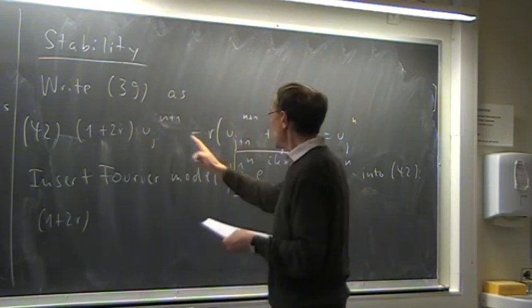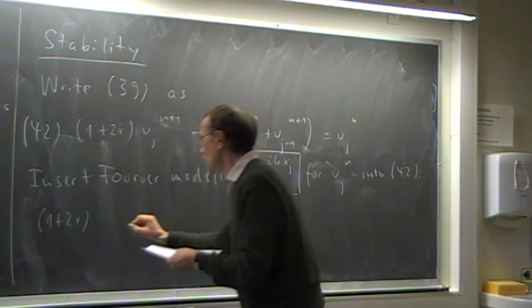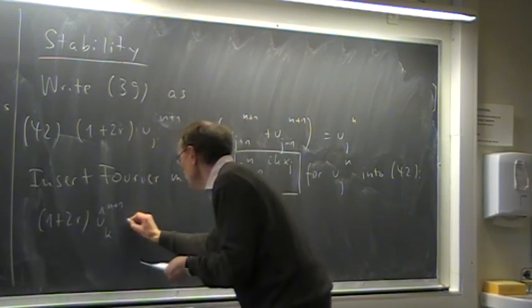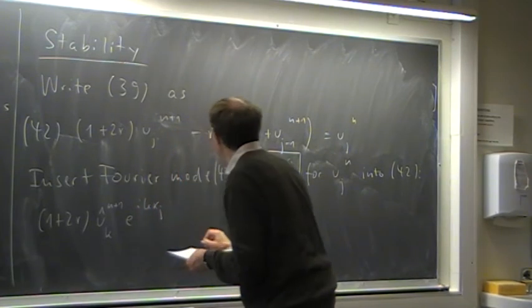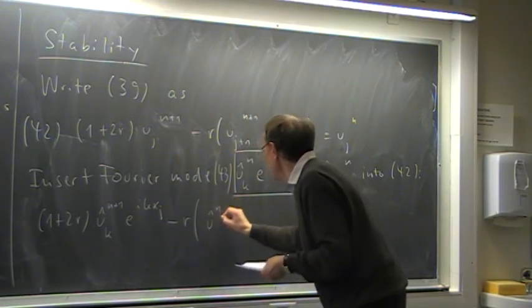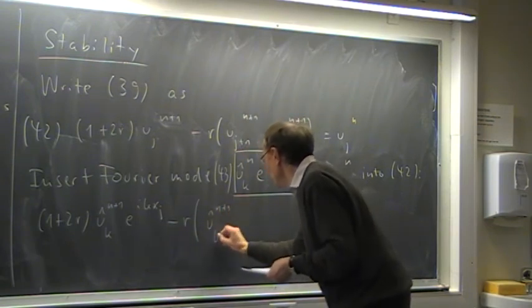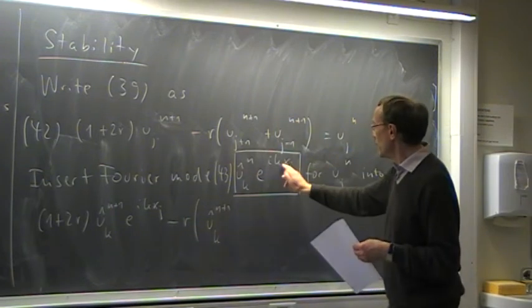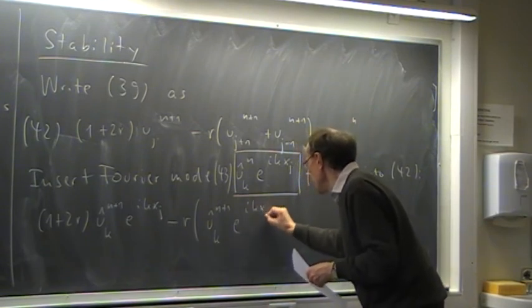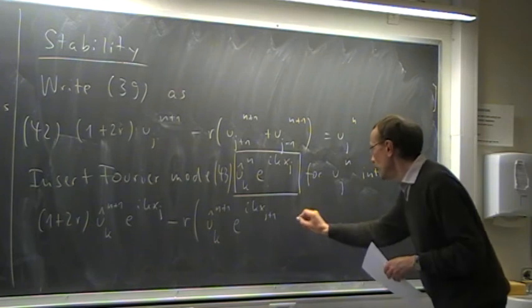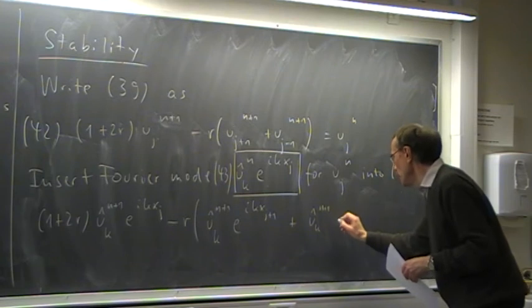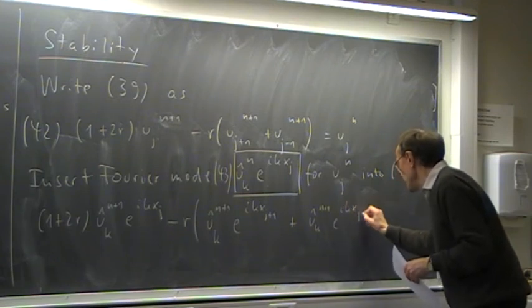So we put in this here. So we get then the u hat n plus 1 for wave number k, e to the I k x_j, minus r u hat n plus 1 for wave number k, and the x_{j+1} that will get this here, e to the I k x_{j+1}. Then we get here minus r u hat_k^{n+1} e to the I k x_{j-1}.